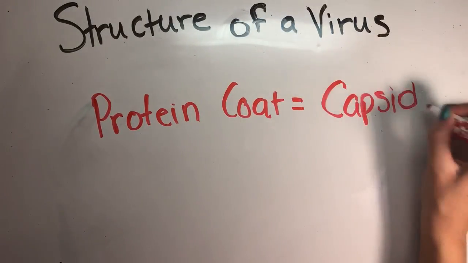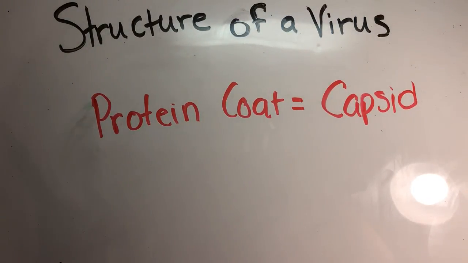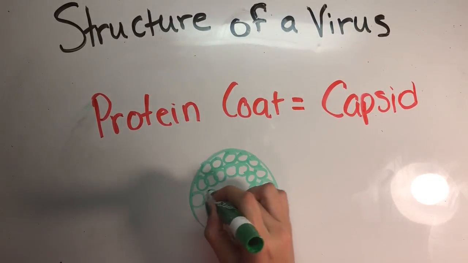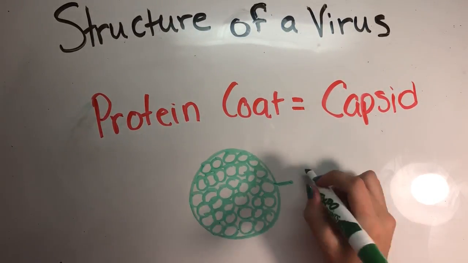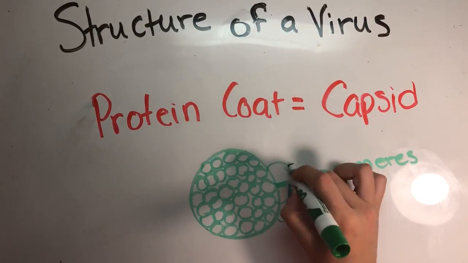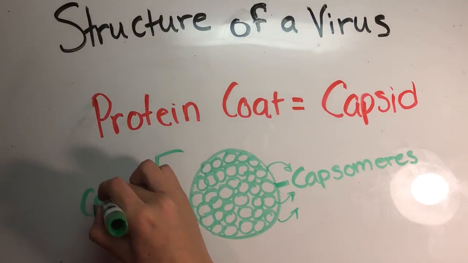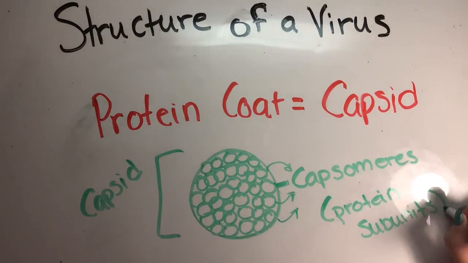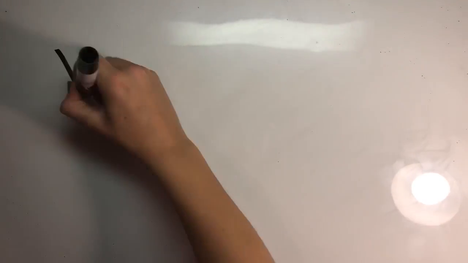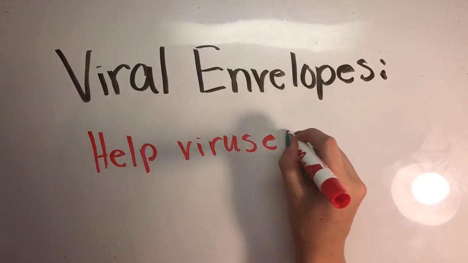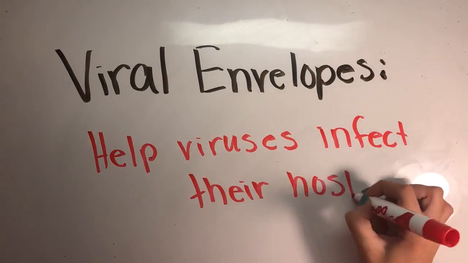Capsids are made up of many protein subunits called capsomeres. The viral envelopes surround the capsids of the viruses and help viruses infect their hosts.